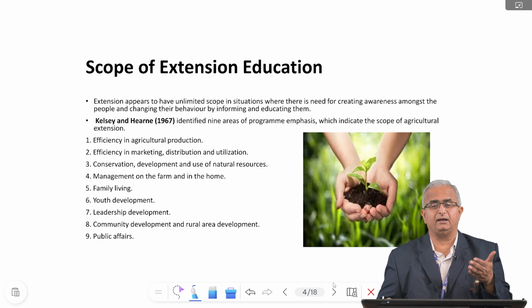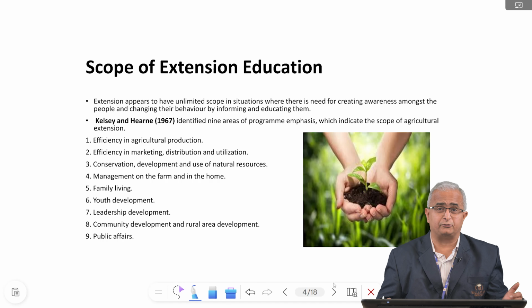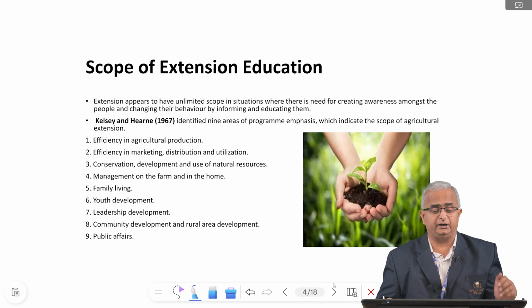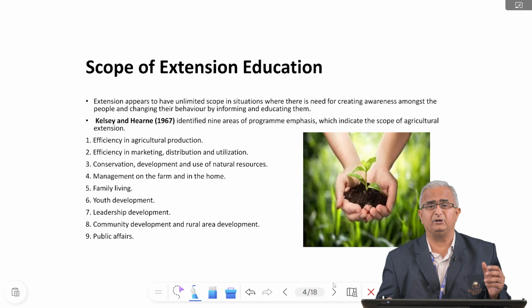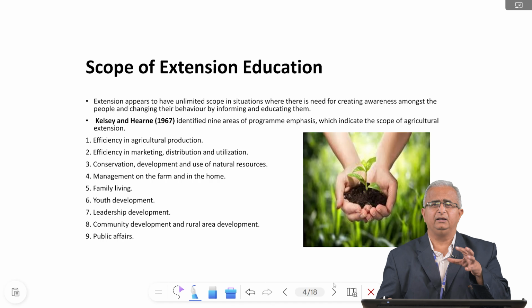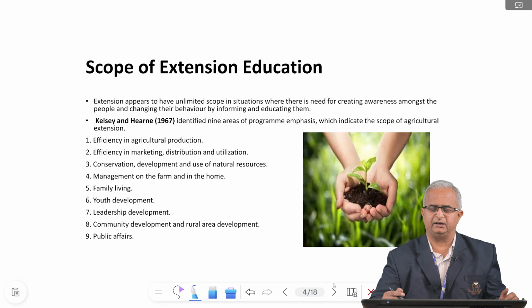Next, the conservation and development of the use of natural resources, we are concentrating on that, and the management on the farm, in the home. Both are very important, and that's why family living, youth development, leadership development, community development, rural area development and public affairs are the different areas that make up the subject matter of extension education.